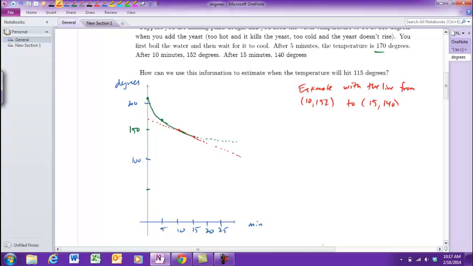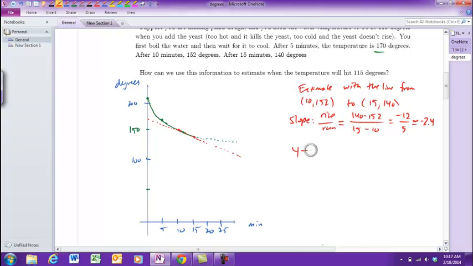To find the line between 2 points, I first need to find the slope. That's rise over run, and that's my y2 minus y1, 140 minus 152, and then my x2 minus x1. So this comes out to being negative 12 over 5, which is negative 2.4. And now I'm going to write the equation for the line.